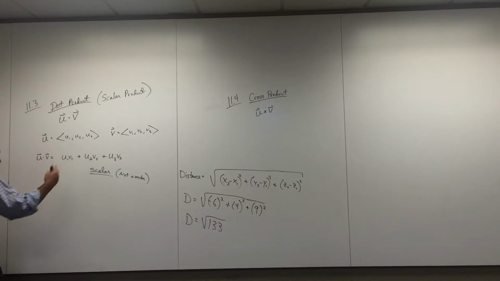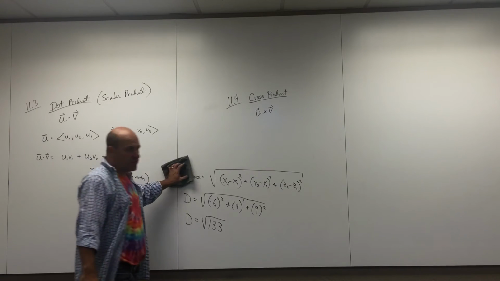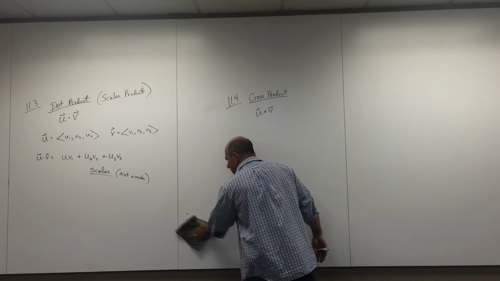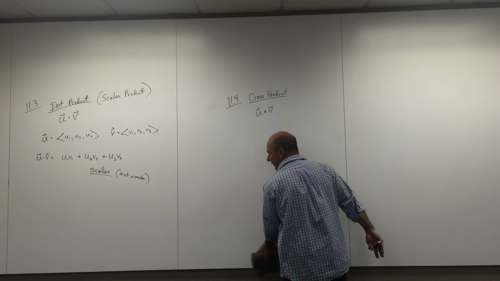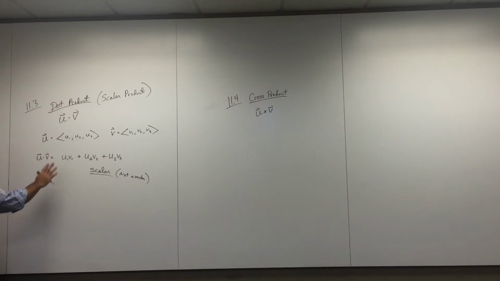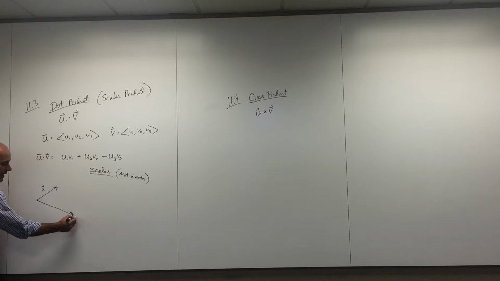So you can just do dot products. They're useful for a few things. They're useful for what's called projections. Sometimes I skip over that. That's a little bit more of a physics topic. They're useful here. If you have a vector u and a vector v, I'm just drawing abstract vectors.